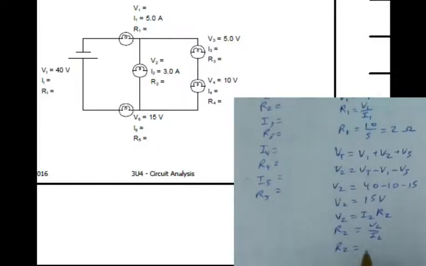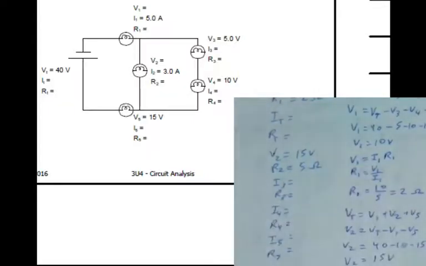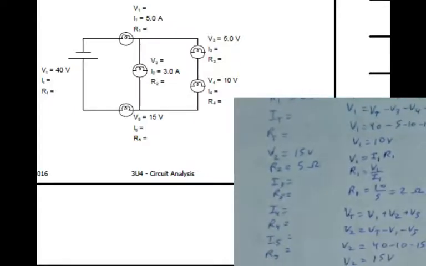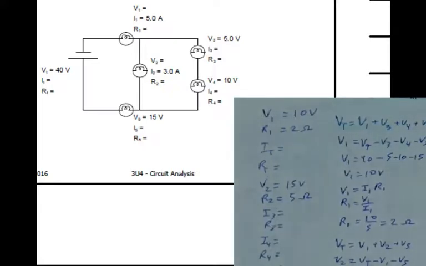R2 equals 15 over 3. So R2 equals 5 ohms. And I can fill in 5 ohms here. Now, I've done quite a bit with using the voltage law.